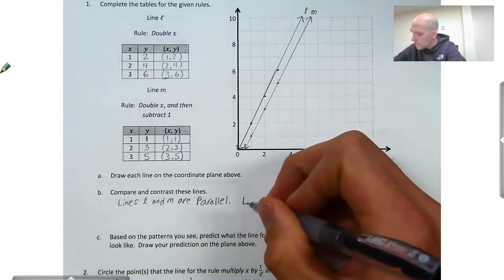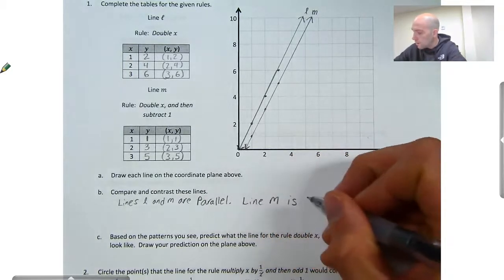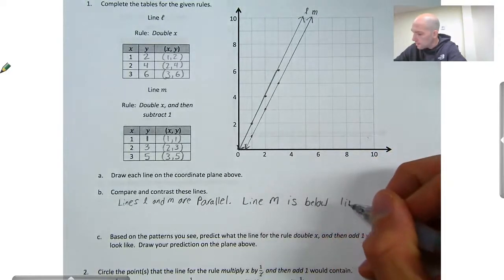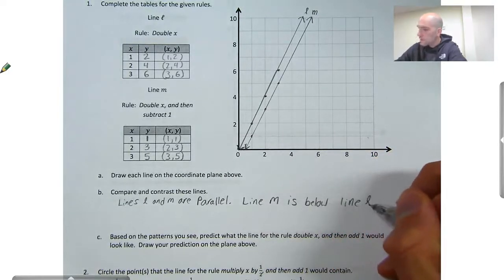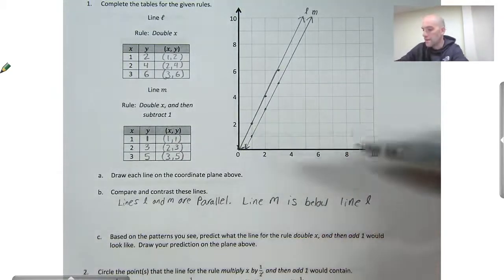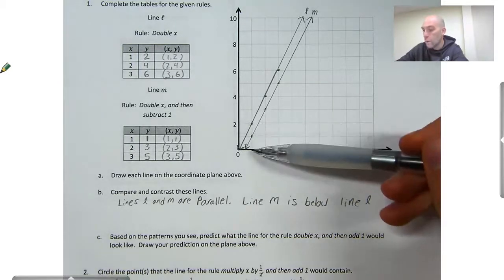And then line M is below line L. And that makes sense because the only thing that's different about line M is that we subtract 1. So all of our y values, we're going to subtract 1 from them.